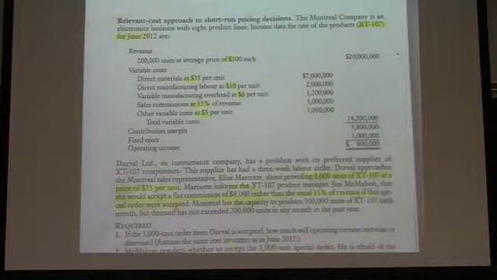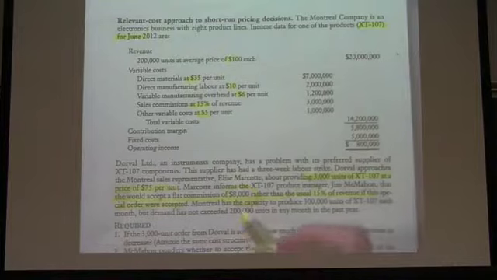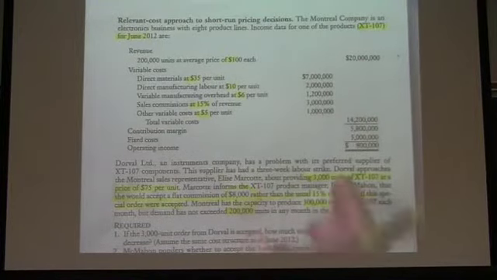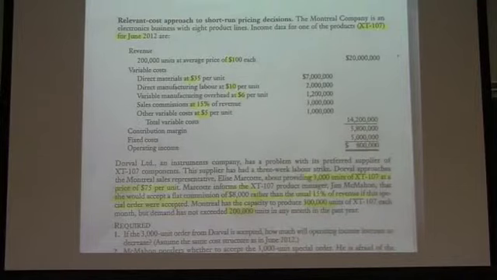Montreal has the capacity to produce 300,000 units, but the demand has not exceeded 200,000. So in other words, they have excess capacity. They have the ability to fulfill this special order without sacrificing the regular customers.